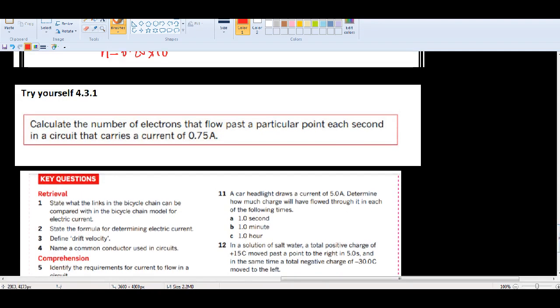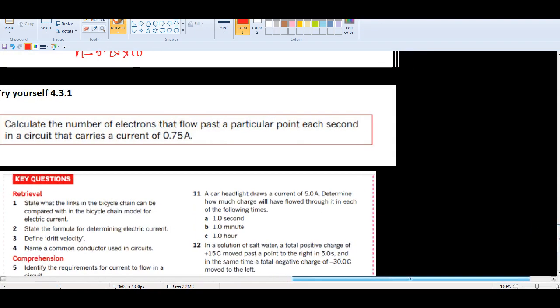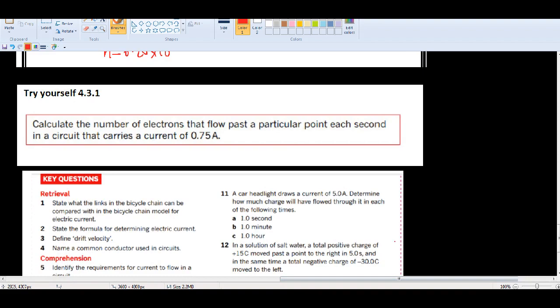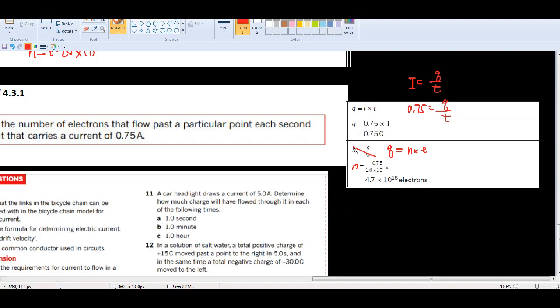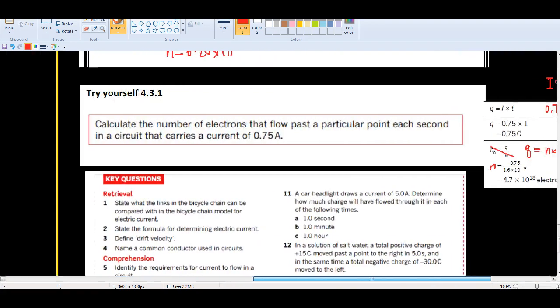Okay, so try yourself for this one. I just tried to change the answer from the book a little bit, so it will be more consistent with what I'm doing. Okay, so you see the answer will be like this. Okay, so that's it.